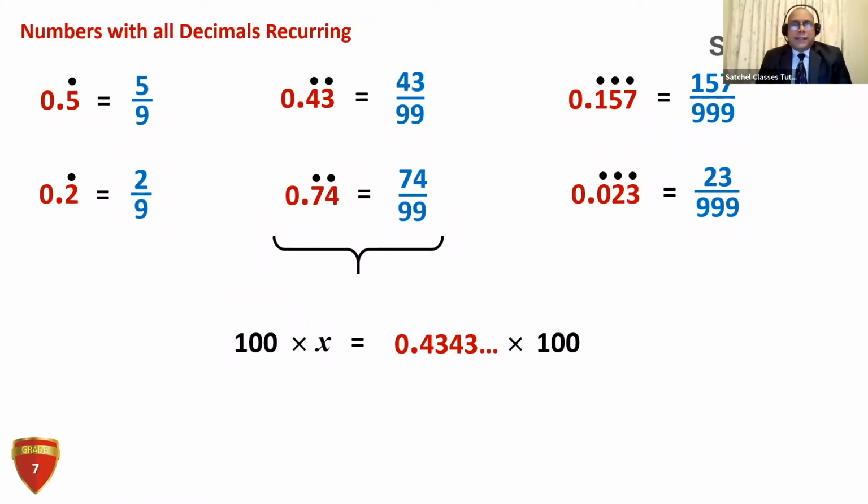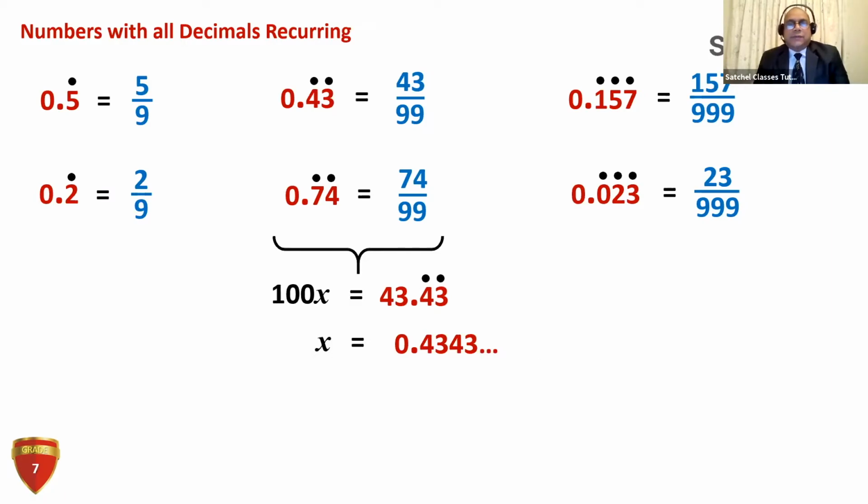So 100x is 43.43 recurring, because the decimal has shifted two places to the right. And the original number was x, which is 0.43 recurring. The interesting thing is, if I subtract both of them, on the left I'll get 99x, and on the right a good number, which is 43.